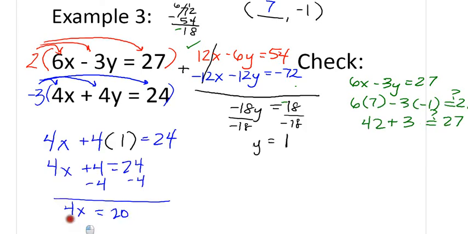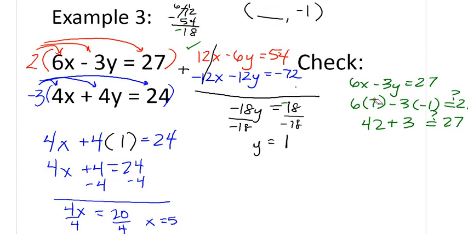Divide both sides by 4. And x should be equal to 5. Okay, so I'm thinking about this now. I'm going to go back and change this to 5.